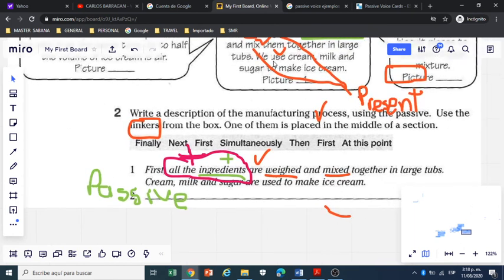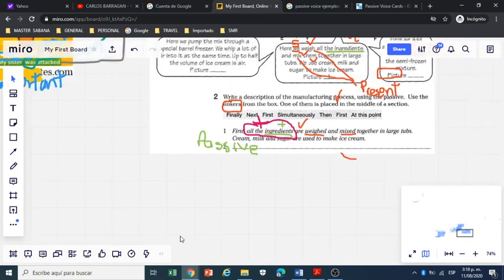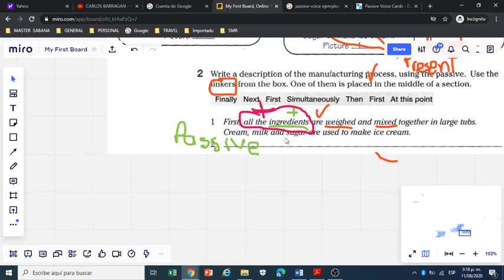We use, this is present, cream, milk and sugar to make ice cream. We use is the verb in active, and the verb in passive is this, but with past participle. So cream, milk and sugar are used, passive voice with the verb to be and the past participle, to make ice cream.